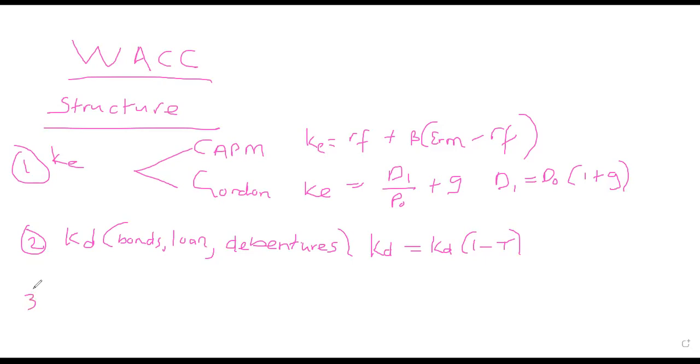And we also have preferred stock. Cost of preferred stock. We know that we have two types of shareholders. Ordinary shareholders, who are the equity holders or common stockholders, are the real owners of the business.